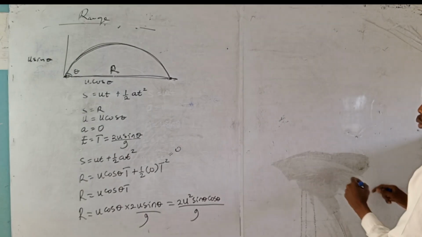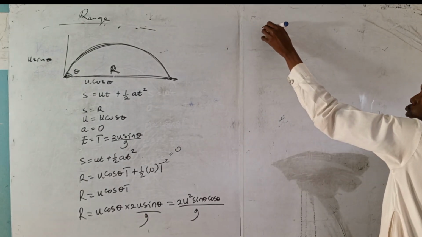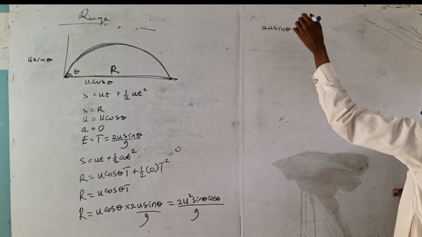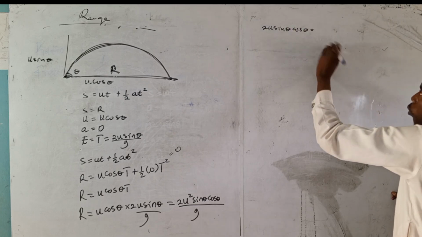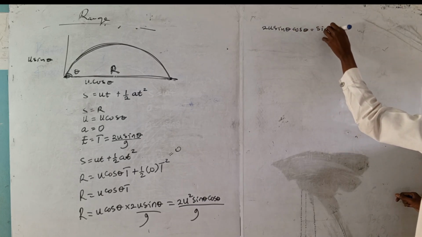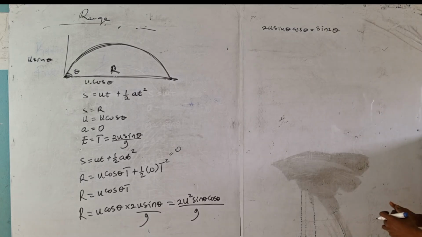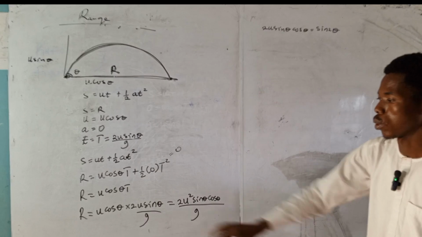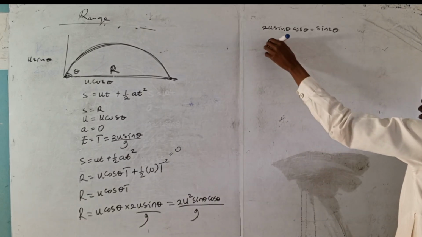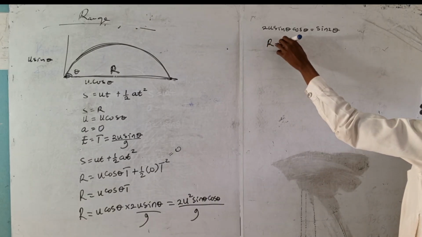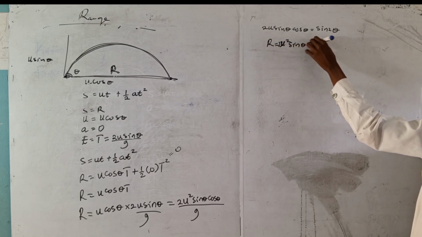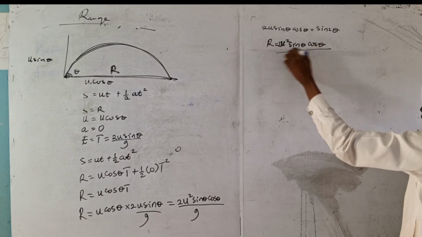Remember, in trigonometry, 2 sine theta cos theta is equivalent to sine 2 theta. So you substitute this back into this equation that says R equals 2u squared sine theta cos theta divided by g.